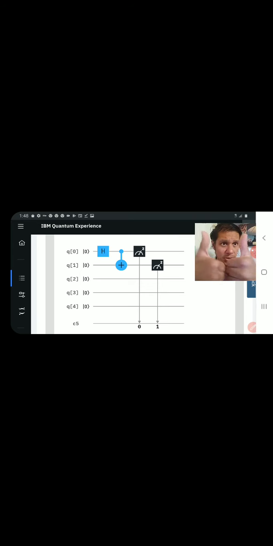And they both started up. That's zero right there. Those are the two things spinning. And notice that I put the Hadamard gate with that, which is the H that you see right there. That one put it in a superposition.